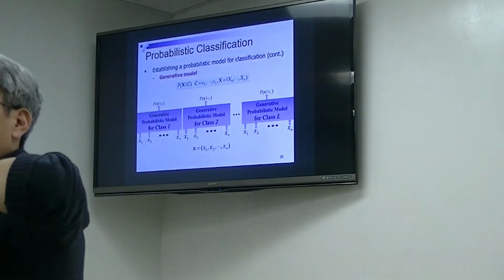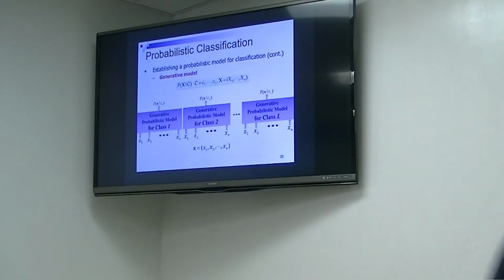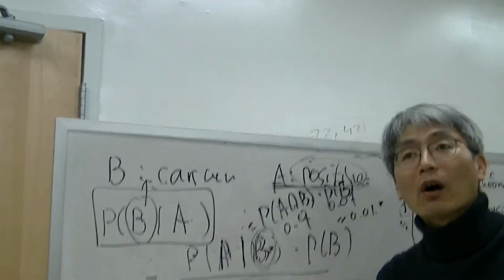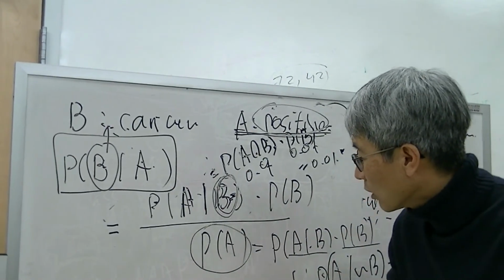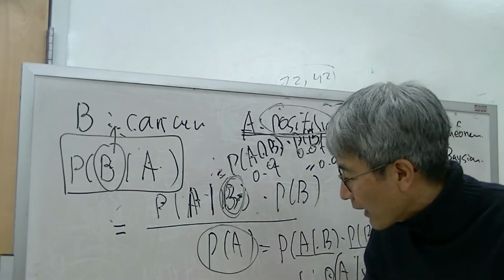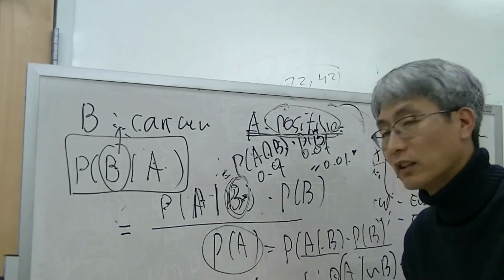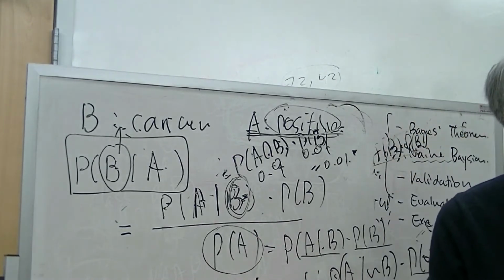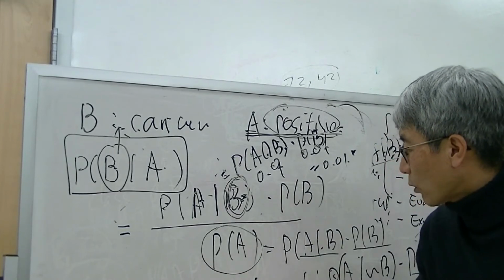We can multiply. So we are going to assume, to calculate the P of A given B, we are going to assume B1, B2, B3. In other words, buying car, buying cell phone, buying computer, they are not related. It's independent, which means we can multiply. P of B1, P of B3.